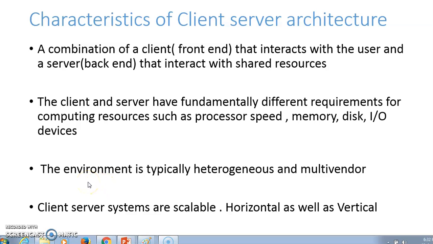The environment is typically heterogeneous and multi-vendor. Client server systems are scalable, horizontal as well as vertical. Horizontal means we can add more clients, vertical means we can add more servers.